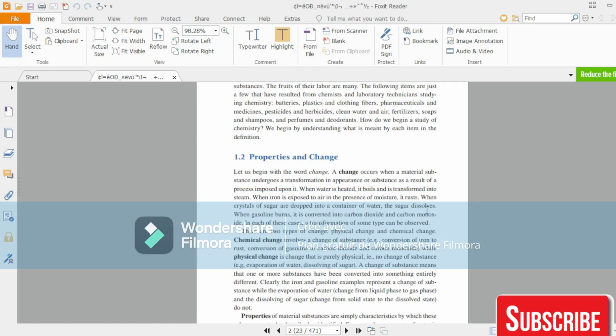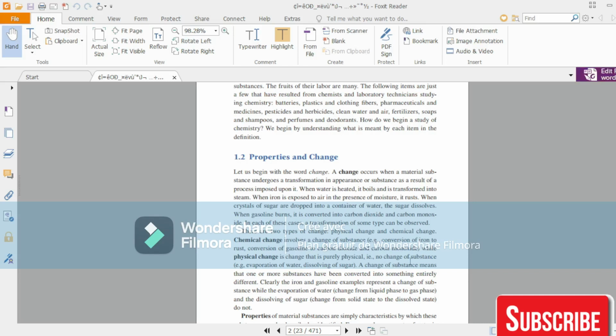When iron is exposed to air in the presence of moisture, it rusts. When crystals of sugar are dropped into a container of water, the sugar dissolves. When gasoline burns, it is converted into carbon dioxide and carbon monoxide. In each of these cases, the transformation of some type can be observed.